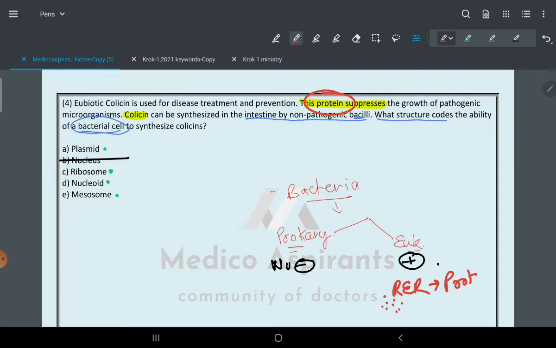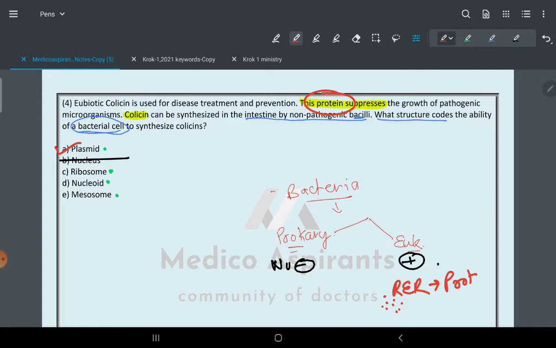In the case of bacteria, very interestingly, there is a similar organelle present, which is the plasmid. So simply, the plasmid has the possibility to produce the proteinaceous molecule in the bacteria.